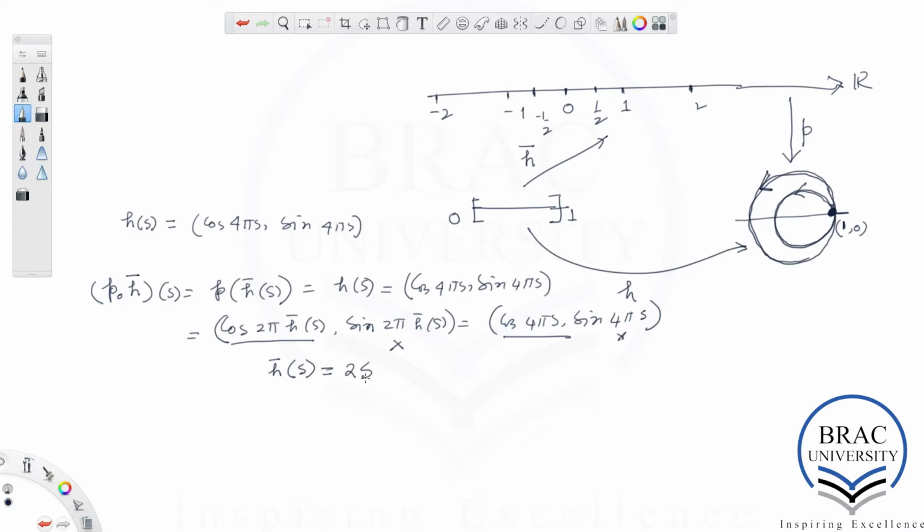Okay, which means that h bar is nothing but a path on the real line that starts at the point 0 and ends at the point 2, because h bar of 0 is 0 and h bar of 1 is 2. So this is the path that begins at 0 and ends at 2, something like this.